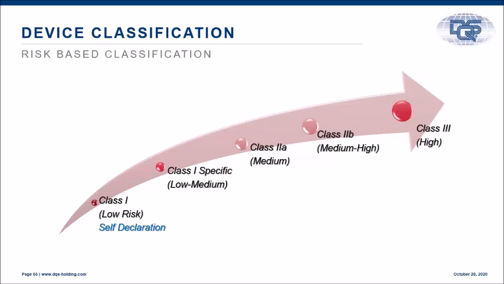So risk-based classification: class 1 is low risk, class 1 specific is low medium, and I will come to that. Then class 2A, class 2B, and class 3. Class 1 specific low medium is class 1 sterile, class 1 measuring, devices with measuring functions, and the new one getting introduced is class 1 reusable devices.